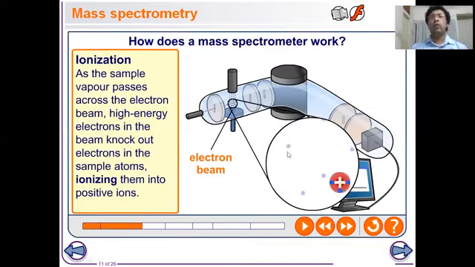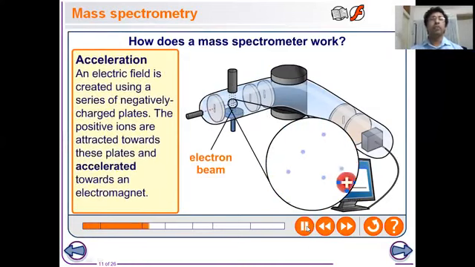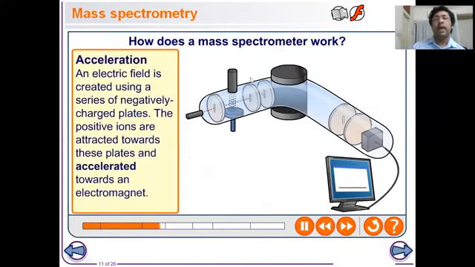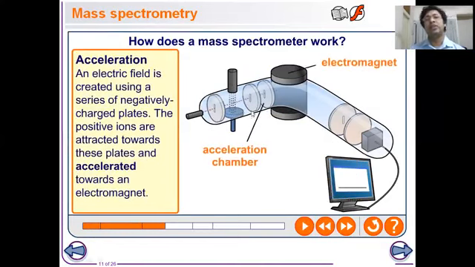Then our next work will be to make sure the positive ions move forward. And to make sure of that, we have to use two charged plates. Those are called electric plates. And this section is called the acceleration section.